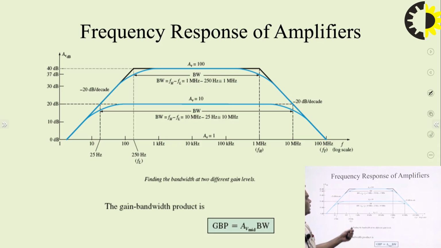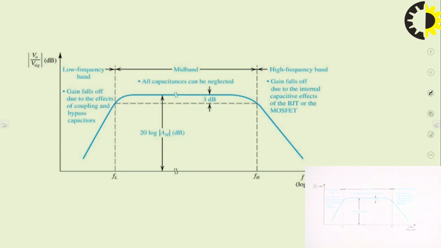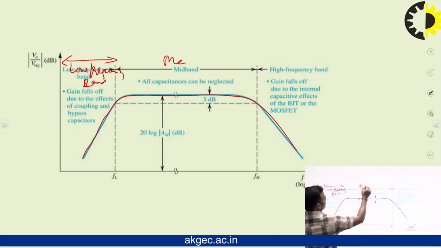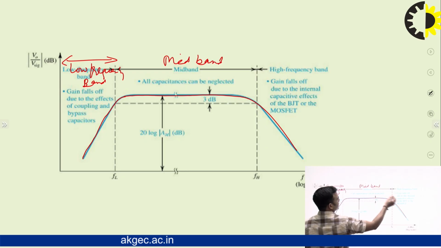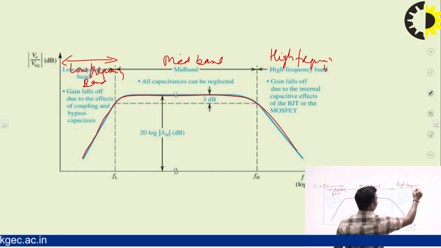Now, this is the frequency response of the amplifier. Generally, at lower frequencies gain is low, it increases as frequency increases, then it becomes constant and again it decreases. These frequency ranges are known as the low frequency band, this is the mid band, and this is the high frequency band.